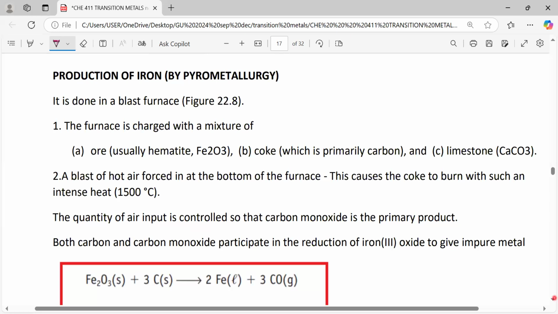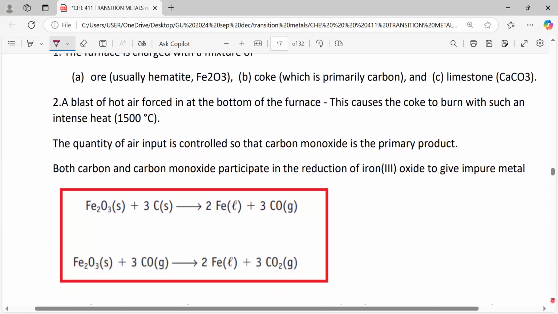Pyro means heating or burning. So it's usually done in a blast furnace. The furnace is charged with a mixture of the ore, which is usually hematite, iron oxide. Then you also put in coke, which is carbon, then limestone. Then what next?